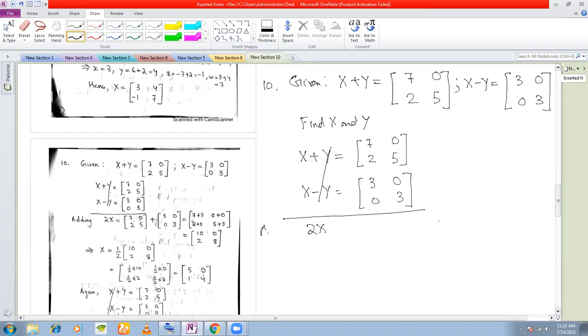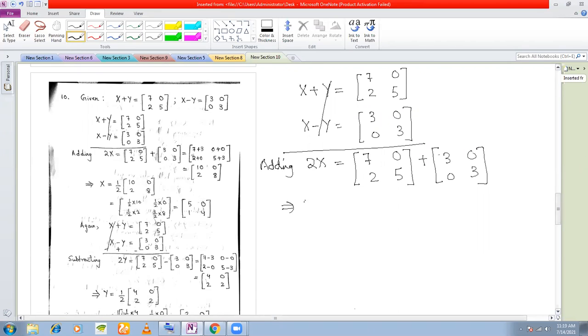So X plus X will be 2X adding. And here you add these two matrices, 7, 0, 2, 5 plus 3, 0, 0, 3.